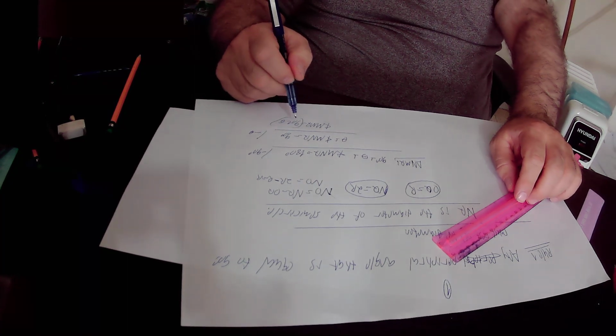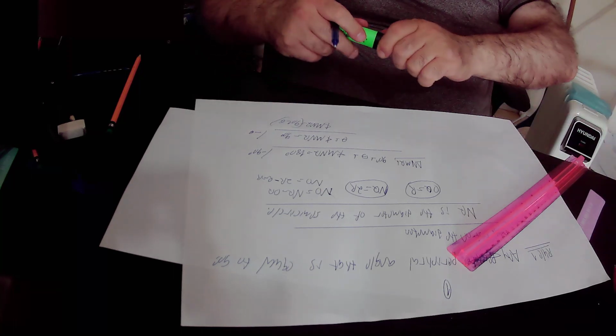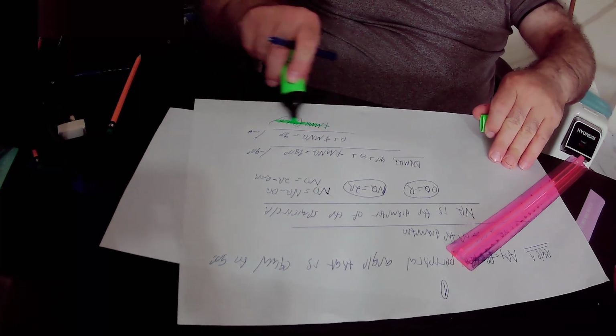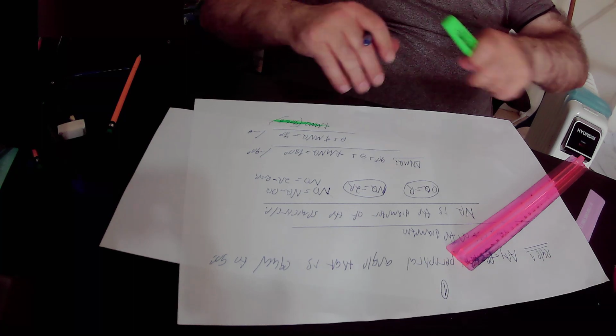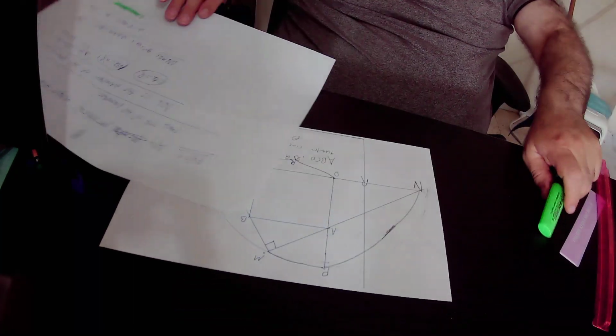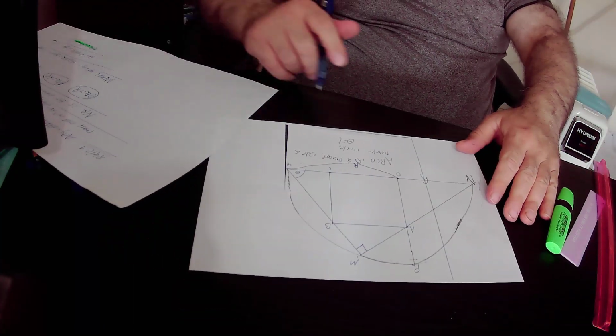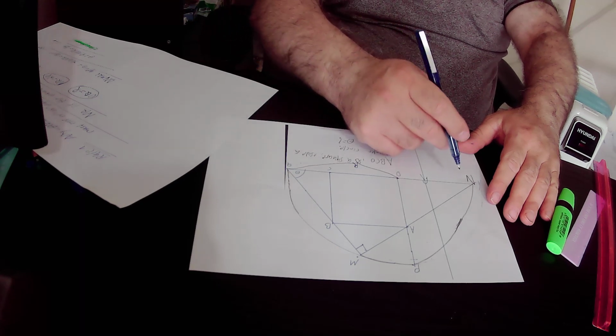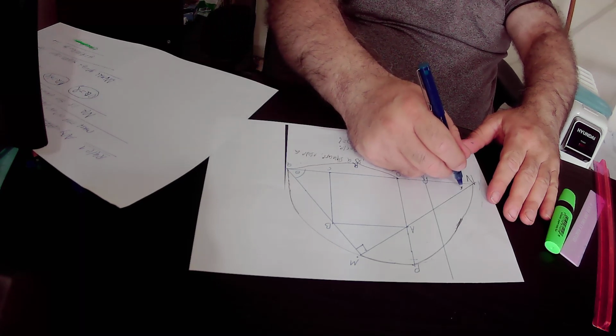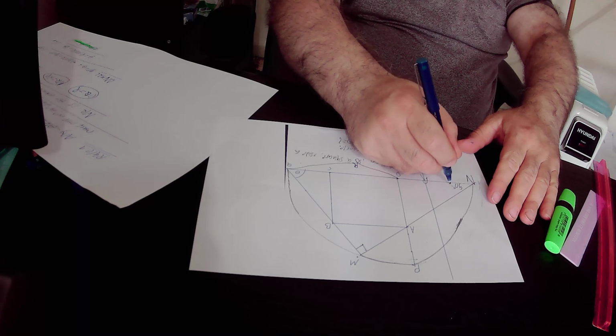Okay, we know that the missing angle MNQ equals 90 degrees minus theta. So we can write here that this angle MNQ equals 90 degrees minus theta.